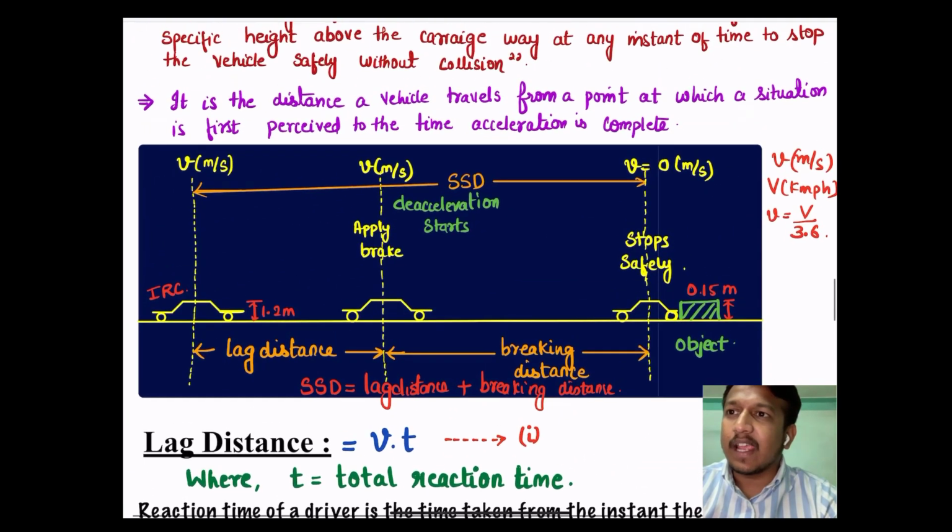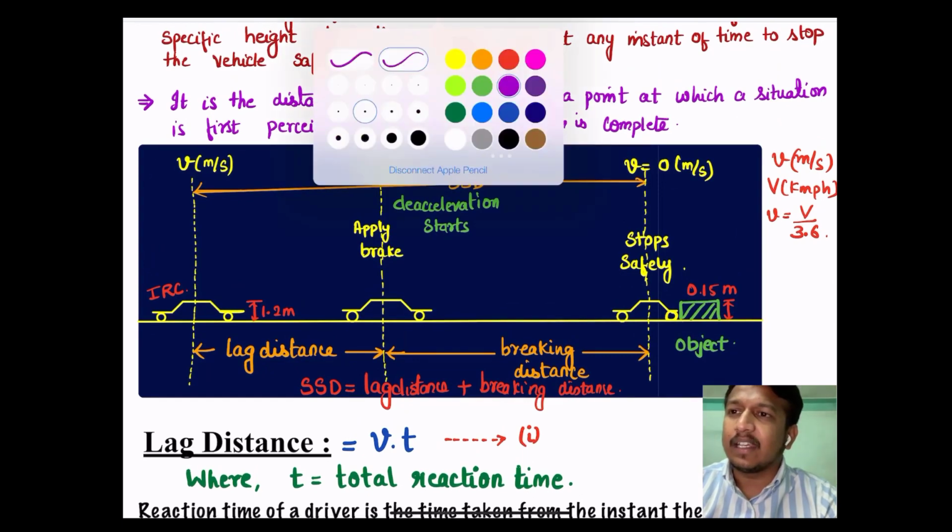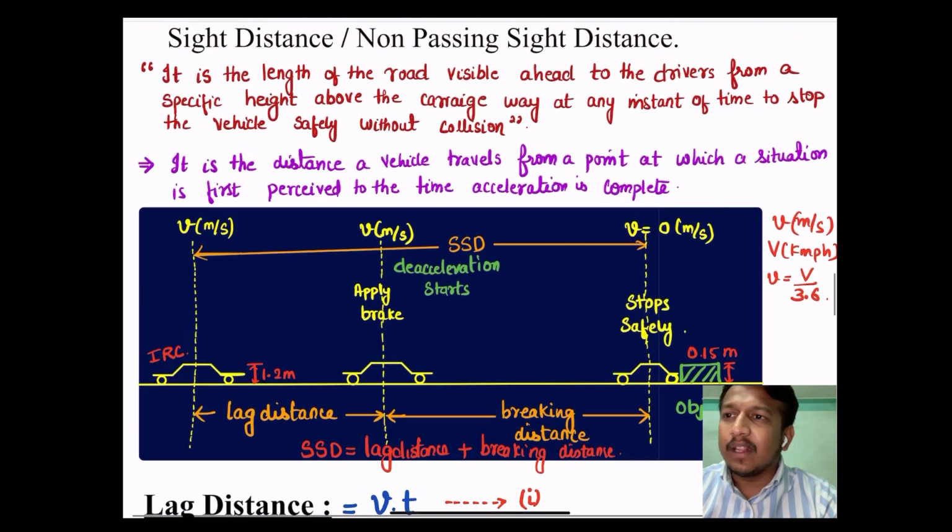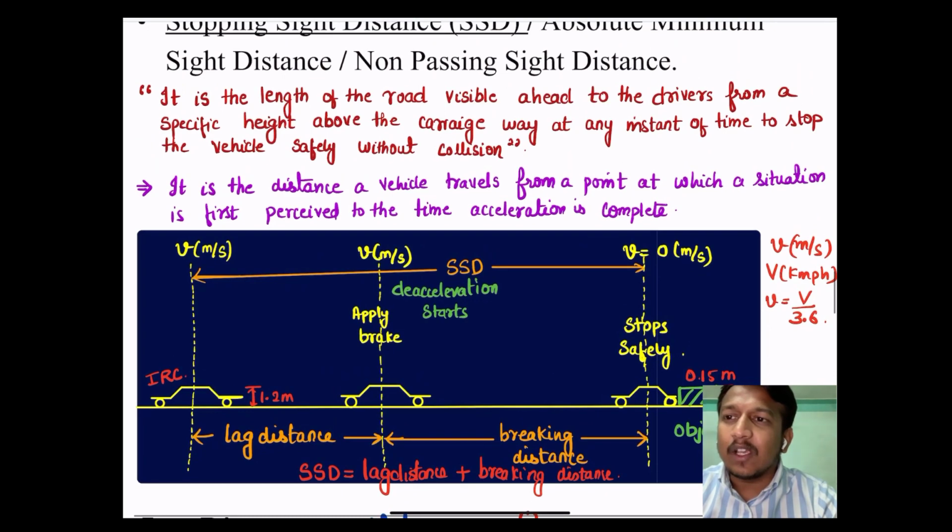It means the total reaction time is the time required from when the driver initially sees the object till the time the driver applies the brake. Please see the duration, I am showing you T, the total duration, that is nothing but total reaction time.